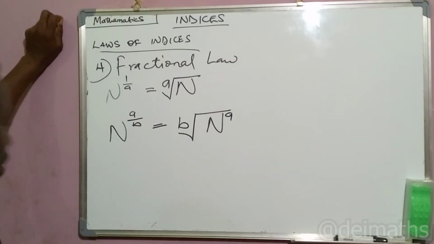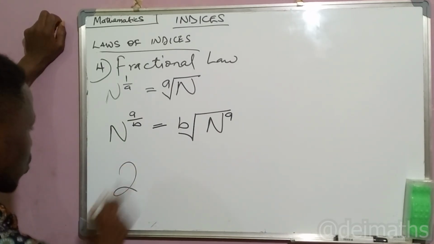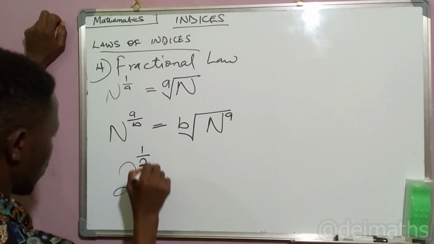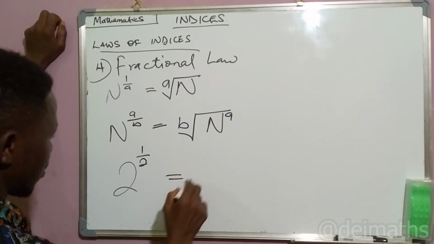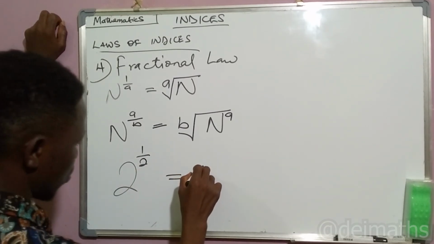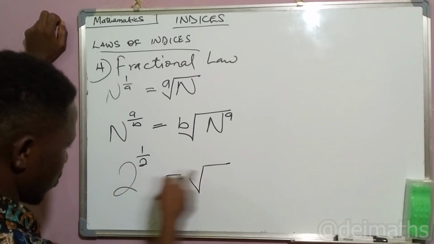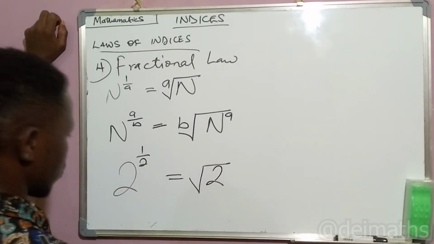Let's use a real number for this. If we have 2 raised to power 1 over 2, the denominator becomes the root, which is the square root of 2.